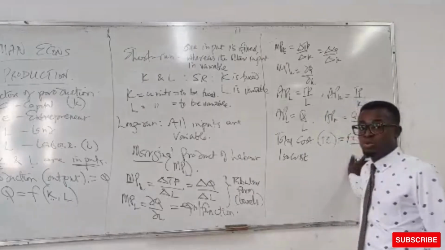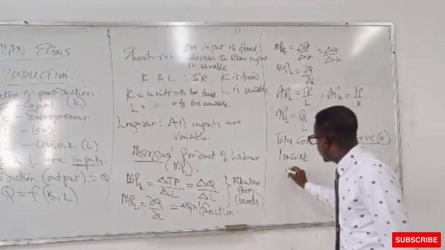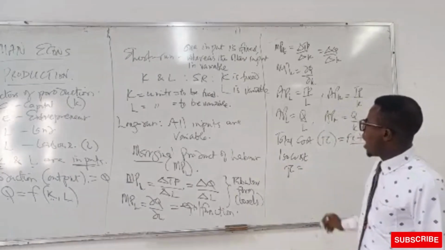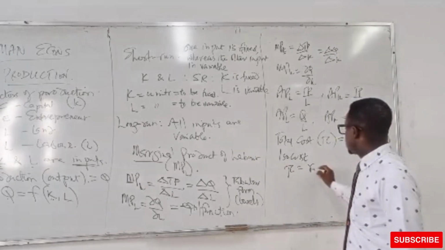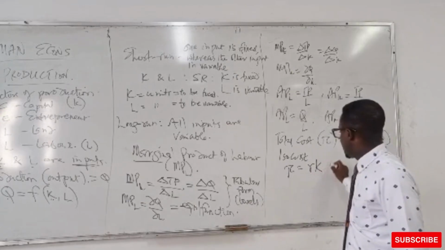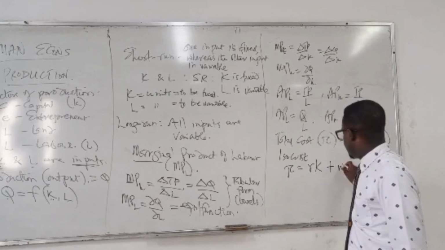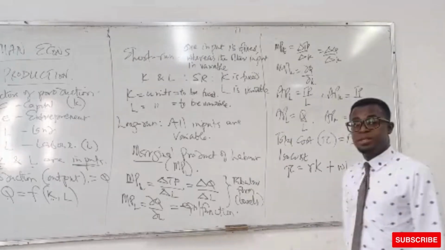We are not applying this rule. So in this concept, we are going to look at how the cost of capital is multiplied by the capital units plus the wage, which is multiplied by the labor units.